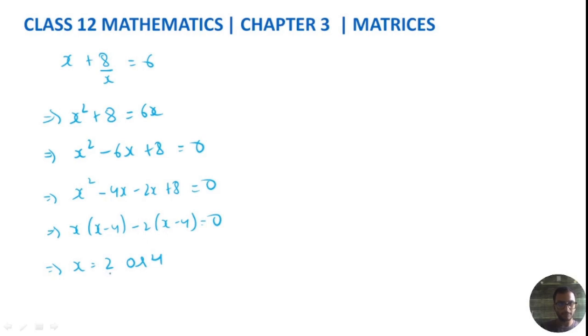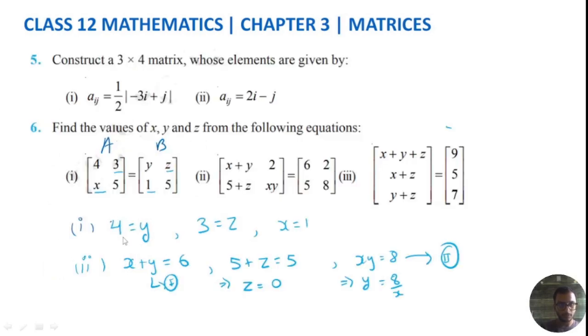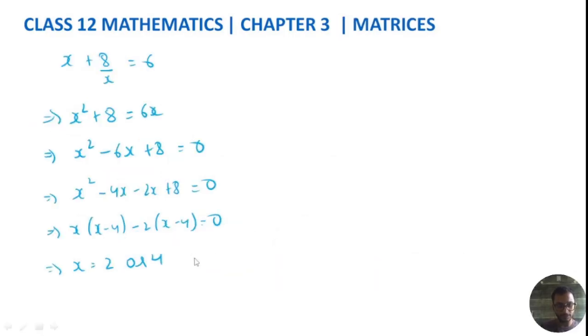So we got x equals 2 or 4 and z equals 0, and y was equal to 8 by x, right? So that will give y equals 8 by 2 or 8 by 4. That means 8 by 2 will be 4 and 8 by 4 will be 2. That means if x equals 2, then y equals 4, and if x equals 4, then y equals 2.